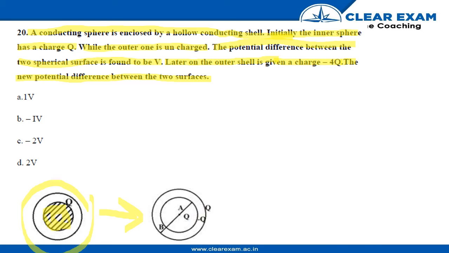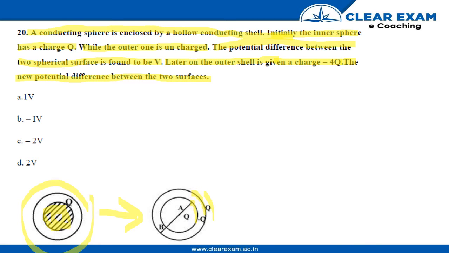So the charge disperses towards this outer surface as Q, and the inner curved surface of the outer shell is minus Q, and the outer surface of the curved shell is plus Q, because the shell is neutral. So the inner side of the outer shell is minus Q, and the outer side is plus Q.